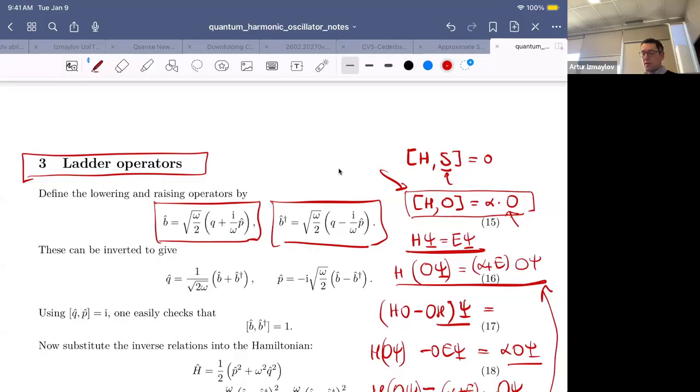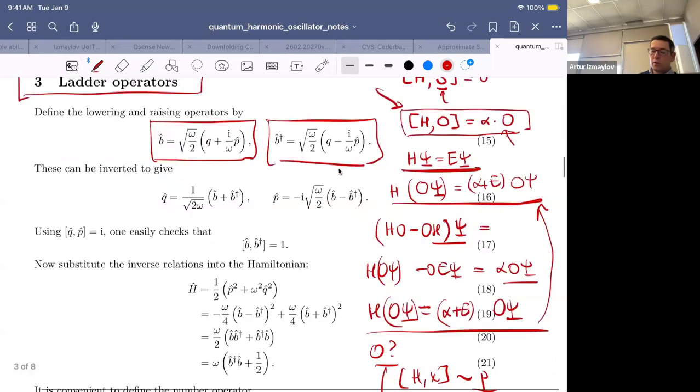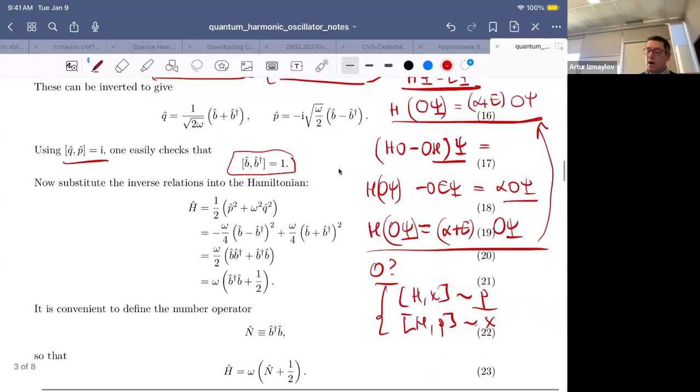So with details, now we could write this B, B dagger operator, and we could check that if Q and P are not commuting, then B and B dagger also do not commute. They commute, and the commutator is 1. Okay, fine. That's all good. Now we could also write down the H that we obtained in terms of B and B dagger.